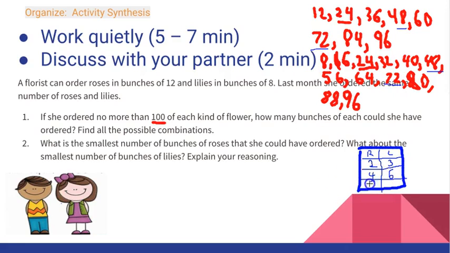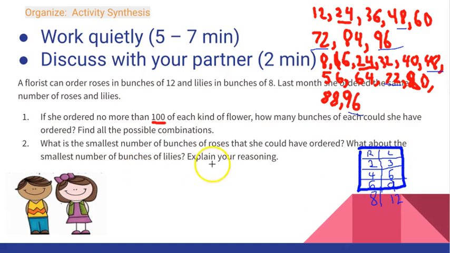That's 6 bunches of roses and 9 bunches of lilies. And we can do 96 as well. That's 8 bunches of roses and 12 bunches of lilies, right? Because this would be 24 for these, 48, 72, and 96.